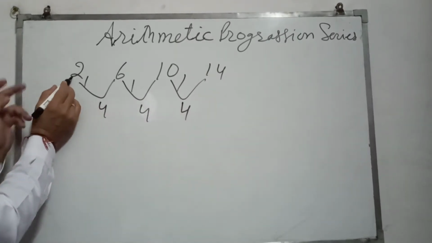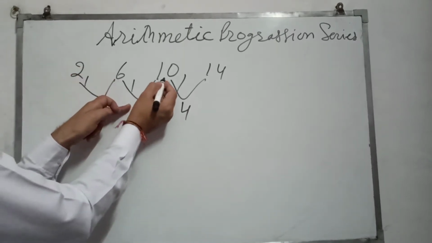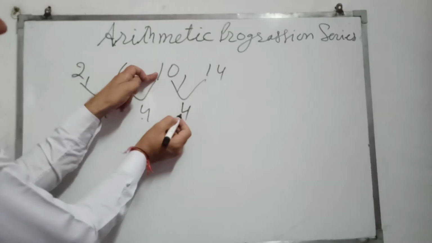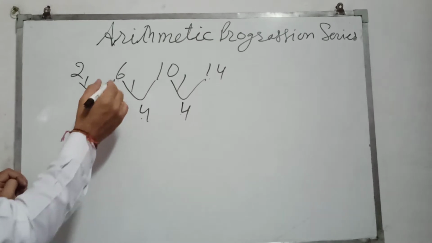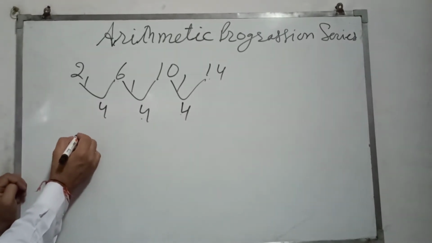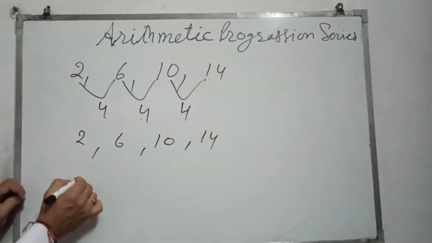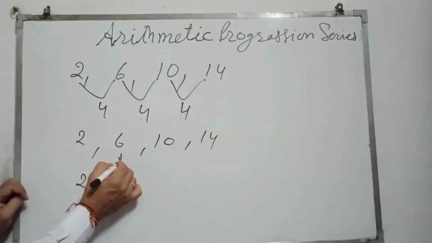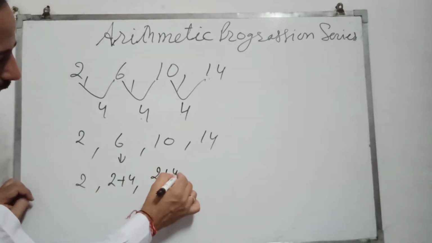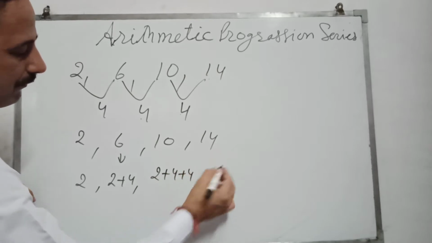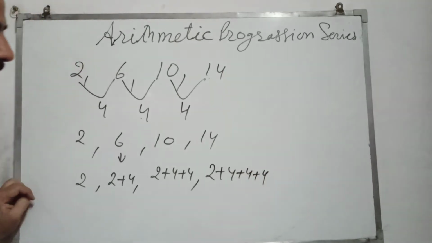It means when we add 2 and 4, you get 6. When we add 6 and 4, you get 10. Then we add 10 and 4, you get the next term 14. So the second term is written as 2 plus 4, the third one as 2 plus 4 plus 4, and the fourth one as 2 plus 4 plus 4 plus 4, right?